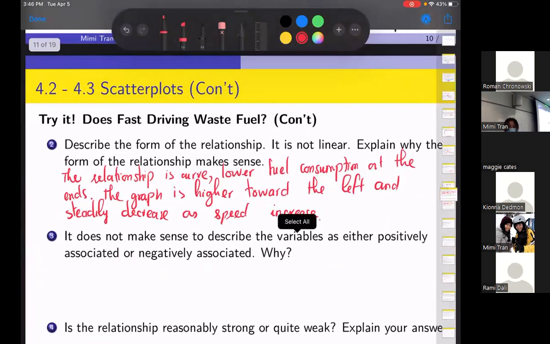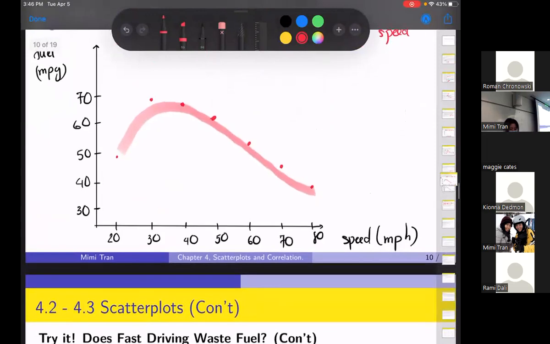If you have a steady speed, it costs less fuel, right? You don't brake and then start again. Too slow, right here, this part. On a local road, you stop and you speed up again, you stop, you speed up again. Over here is more like highway mileage to me. Okay, all right.